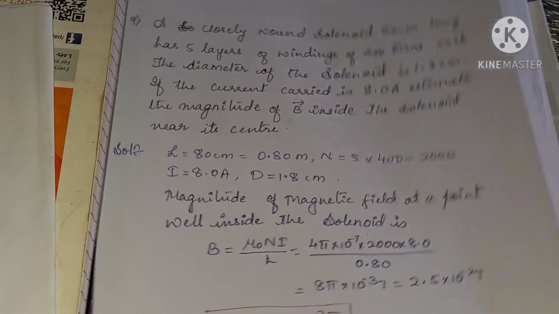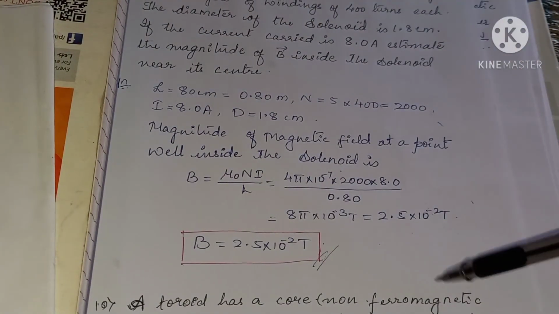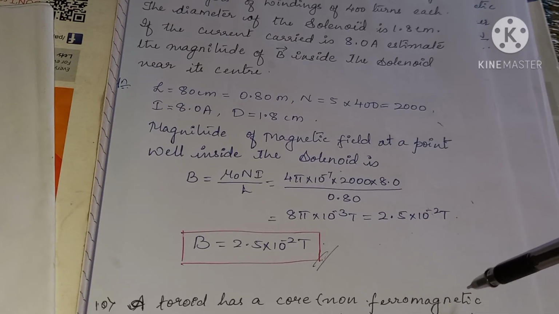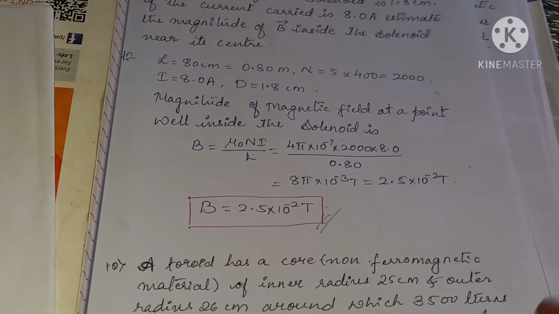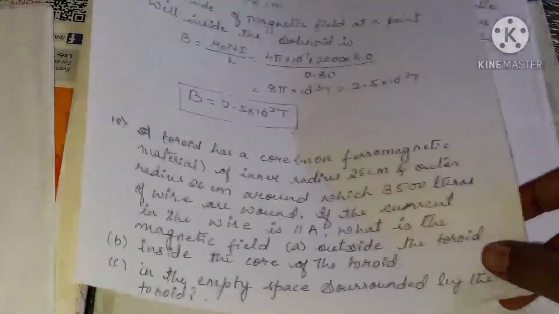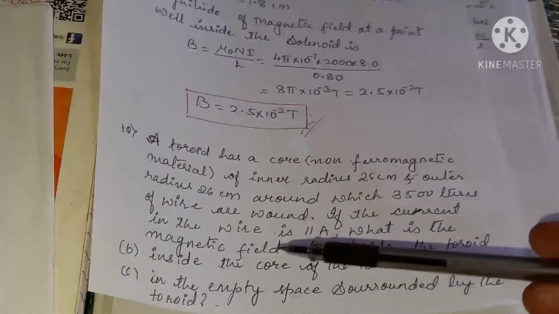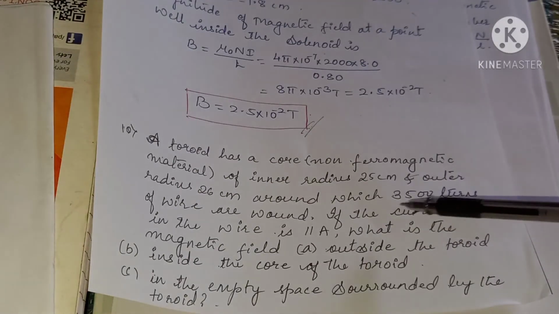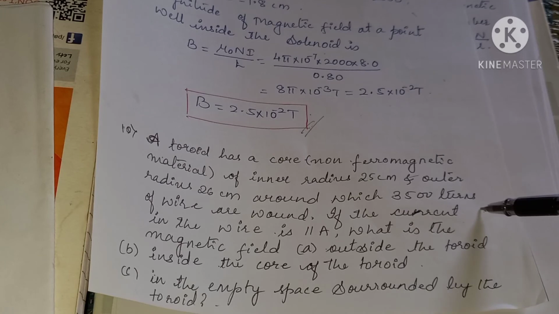So let us go to the last one. A toroid has a core of non-ferromagnetic material. If the inner radius is 25 centimeter and outer radius is 26 centimeter, around which 3500 turns of wire are wound.